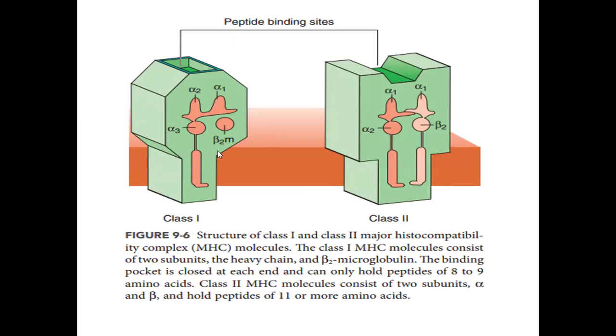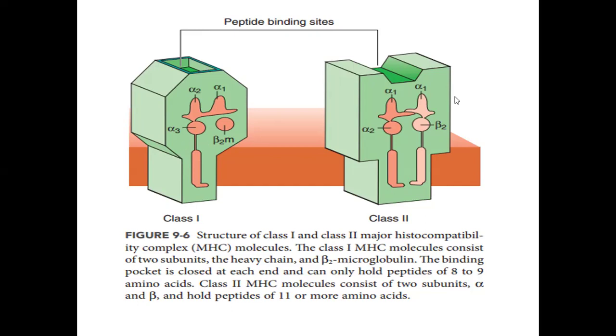MHC1 is present on the surface of all nucleated cells except erythrocytes. And with this receptor, a human cell will show that it is normal, non-infected, a self cell. Natural killer and T killer check this receptor to understand whether it is self or not self, normal or abnormal.